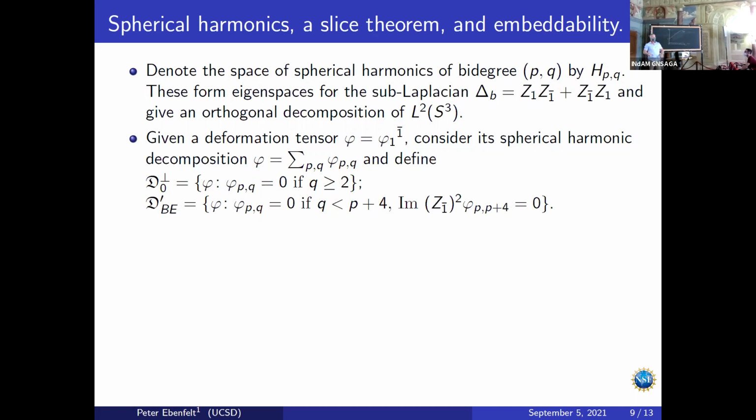The B stands for Burns Epstein, and I'll explain. It's this thing here. And the prime here on the diagonal, there's an additional condition. So you only get half of this.